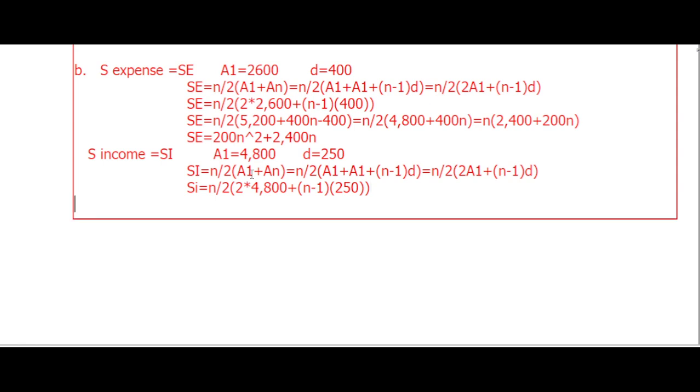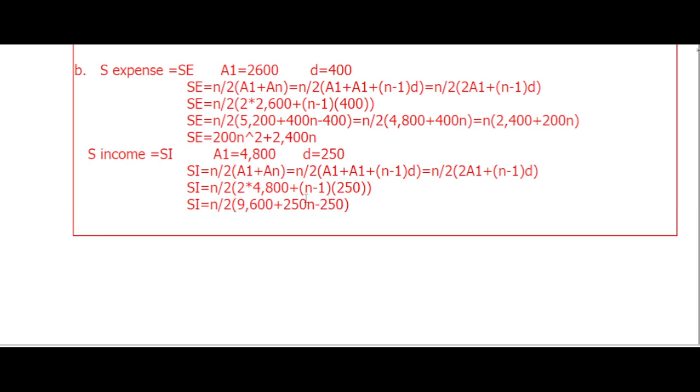Now let's distribute. S income is equal to n over 2 times, let's multiply this, 9,600 plus 250n minus 250.